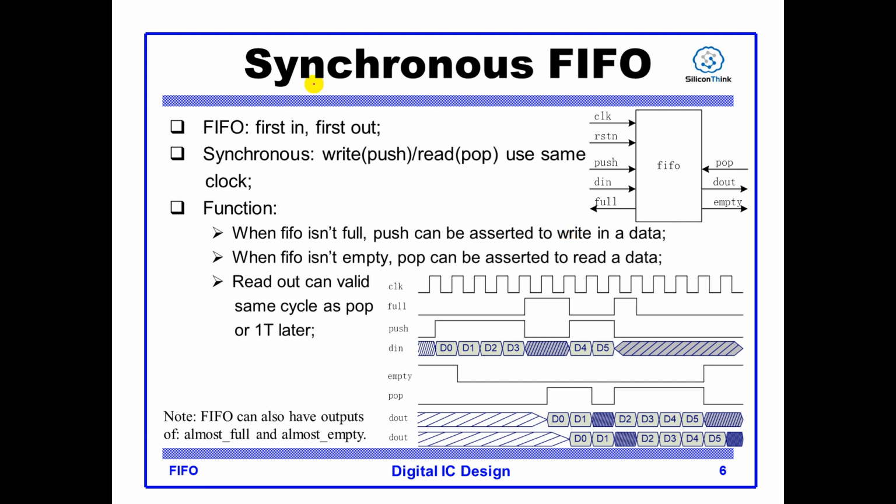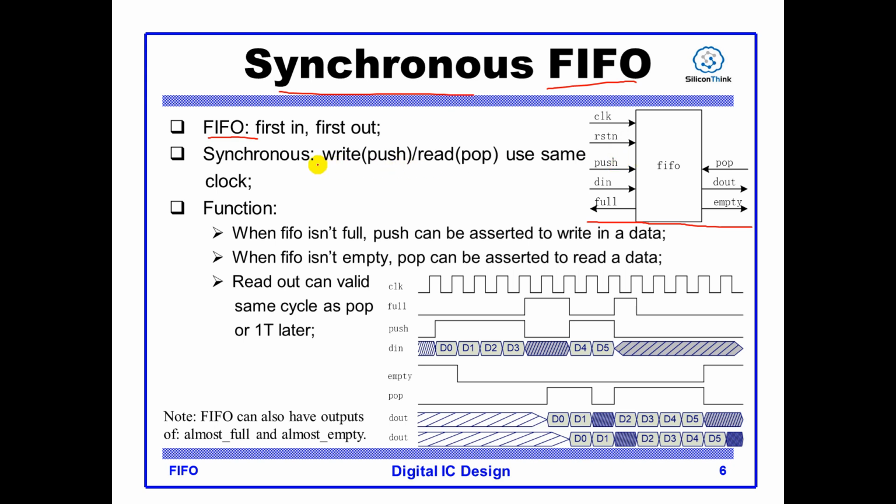And next, let's look at the synchronous FIFO. FIFO means first in, first out. That is, data that has been read in first will be read out first. So this is the diagram of a FIFO block. Usually it has its I/O signals: clock, reset, and push.